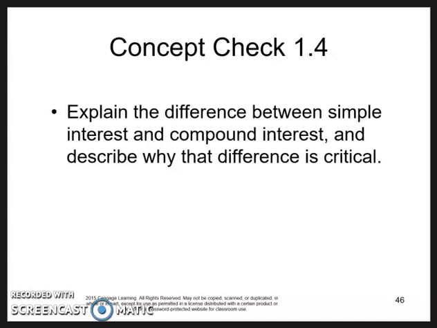So, concept check 1-4: the difference between simple interest and compound interest. Why is that so critical? Simple interest is simply you're earning interest, but your interest is not earning interest. Some savings accounts used to be set up that way, where if you didn't get the interest credited, you didn't earn interest on interest.